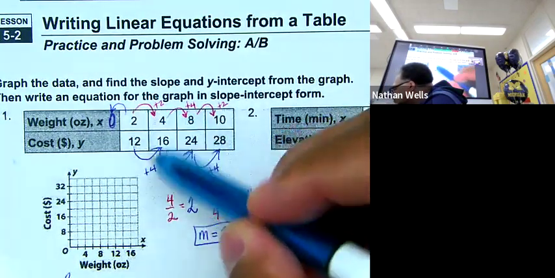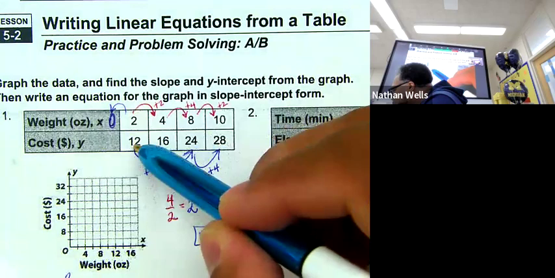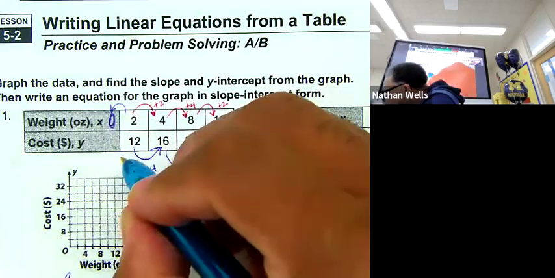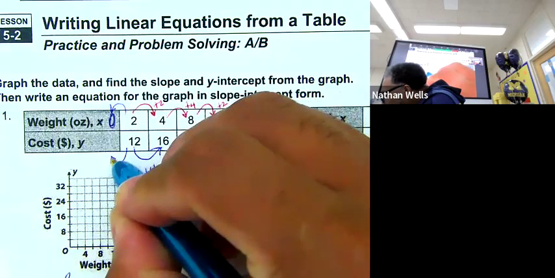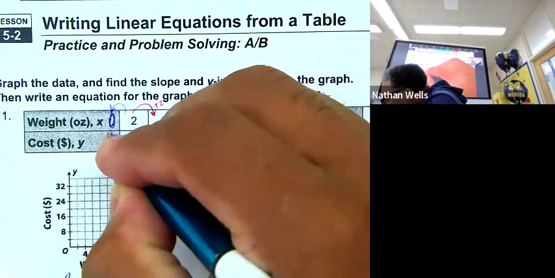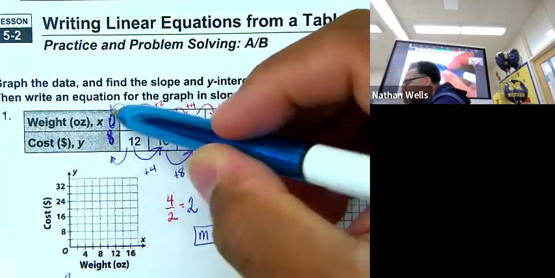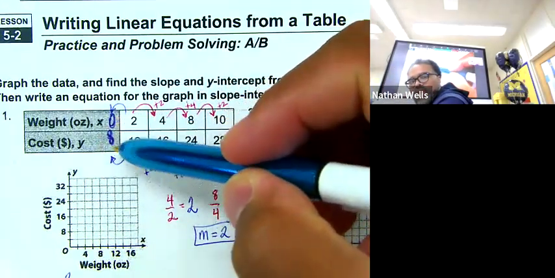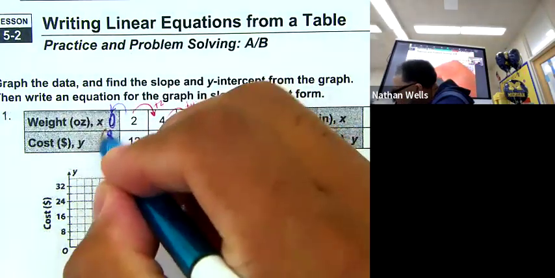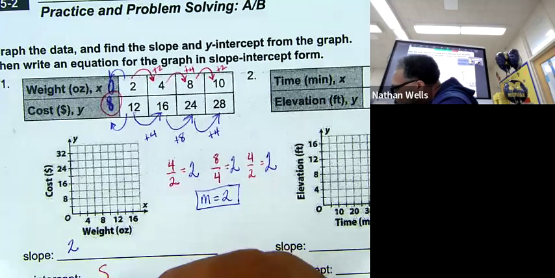And whenever I add 2 to my x value, I add 4 to my y value. So if I subtract 2, I subtract 4 in my y. So 12 minus 4 is 8. So when x is equal to 0, y is equal to 8. So 8 is your y-intercept.